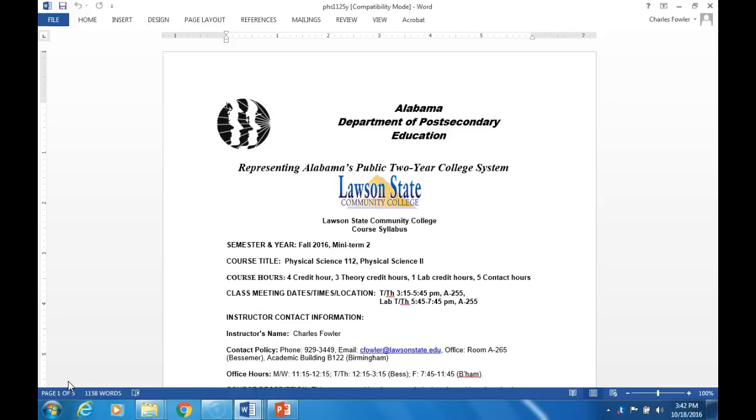The lab, Tuesday, Thursday, 5:45 to 7:45, and at least some of the times we'll be here in this room. Other times we'll go to a lab close by, 253 or 259 probably. We might go to 252 if both of those are being used, but we'll see. Some of the labs will be here, some will be elsewhere. We'll handle that as we go.